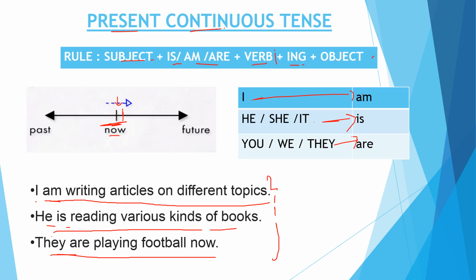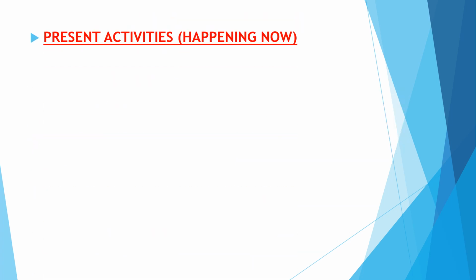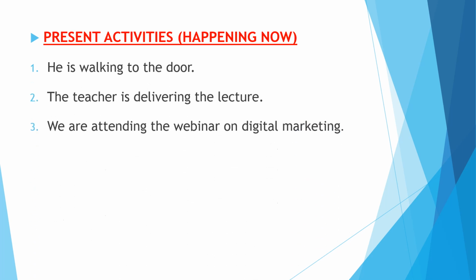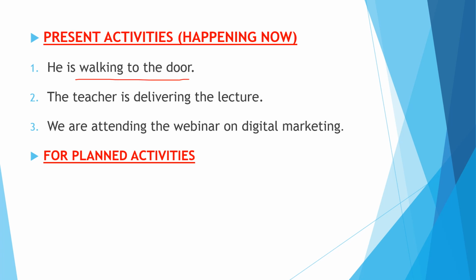Let's see about the uses now. As I told you, for the activities happening now, see here, he is walking to the door. The teacher is delivering the lecture. We are attending the webinar on digital marketing. So this is how for the activities happening now, and for the planned activities.